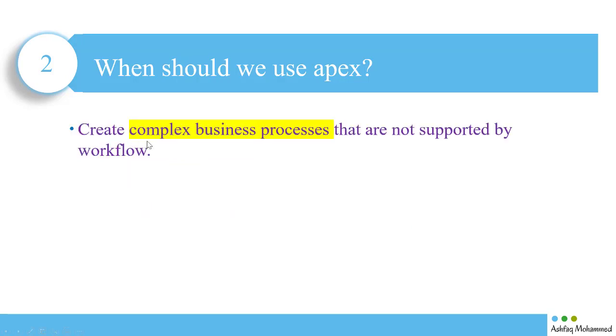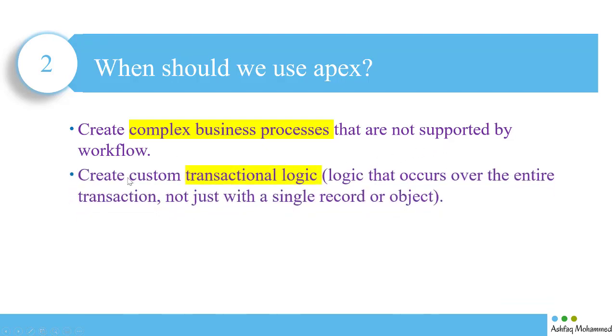And when we want to create complex business processes that are not supported by workflows, like anything we are not able to do using config, then we should always go for Apex. And when we want to create custom transactional logic, I will explain in a moment, but it is again some advanced logic that occurs over the entire transaction, not just with a single record or object.